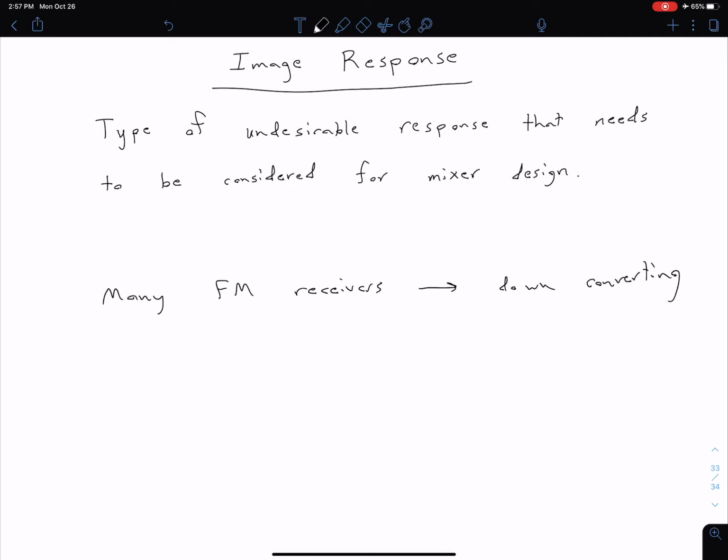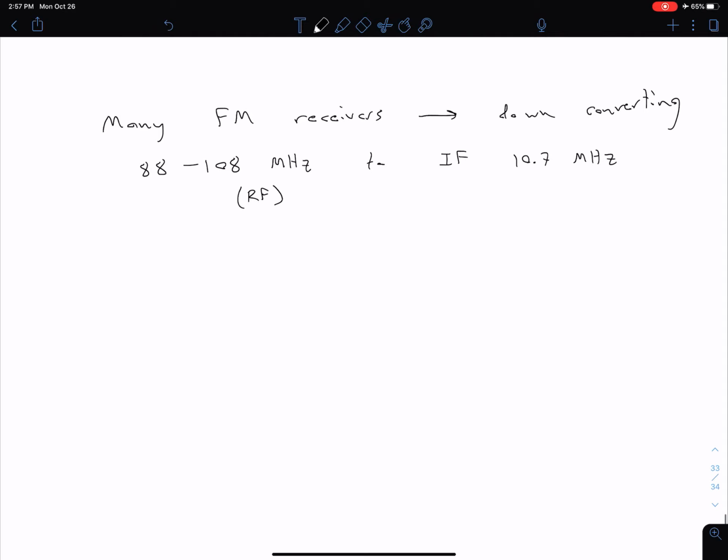Typically they're down converting from 88 to 108 megahertz, somewhere in that range, to some intermediate frequency of 10.7 megahertz. Again, we want to down convert because it's going to be easier to do our processing at that intermediate frequency as opposed to these higher radio frequencies. So let's look at a specific frequency in this band here.